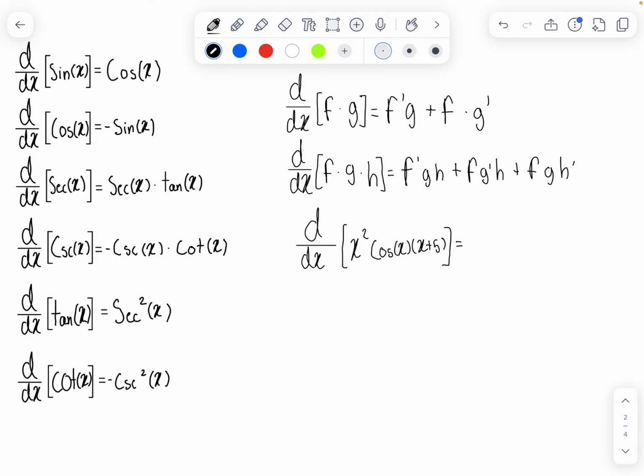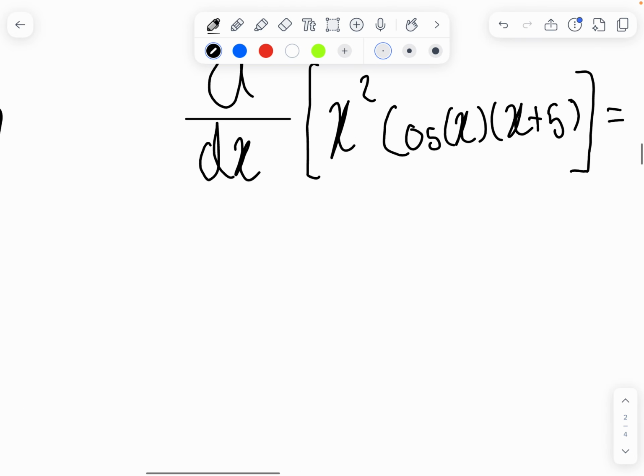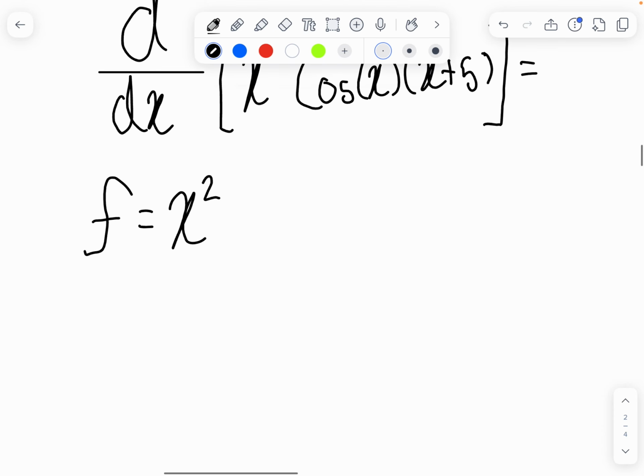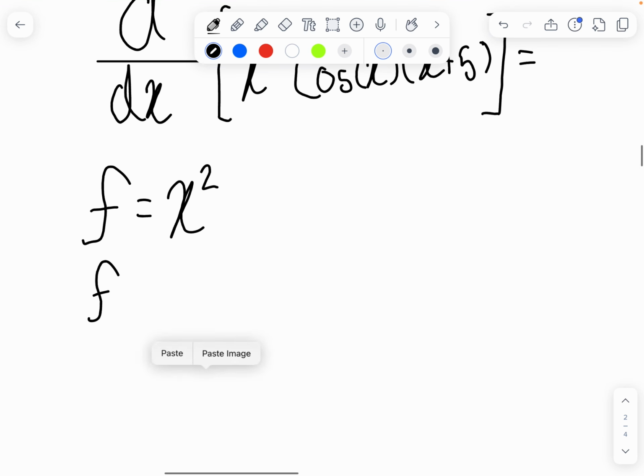Okay, hopefully you're done. And let's start listing out. You don't need to do this, but if it helps you, then I recommend doing it. So f is going to be equaling x squared and f prime, so the derivative of x squared, is going to be 2x.